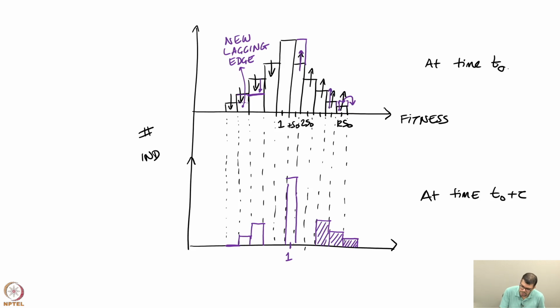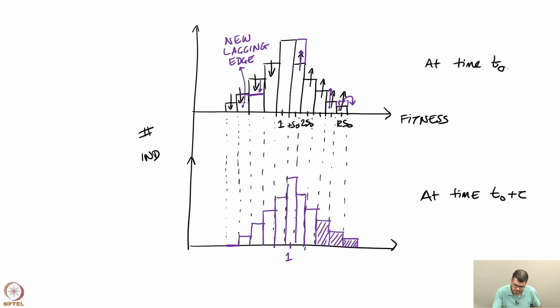So, the new distribution now looks like the following. This is the new distribution after time tau. What is happening here is that it's almost like in time tau the entire distribution has moved one step to the right.